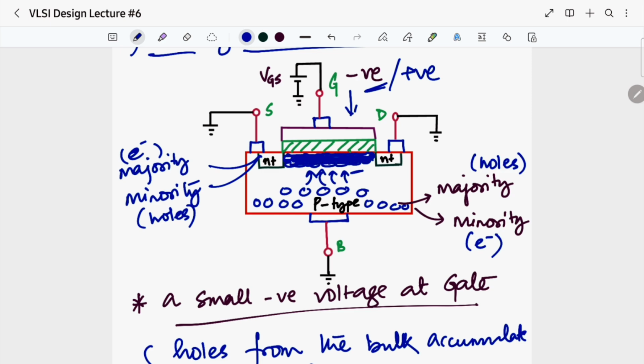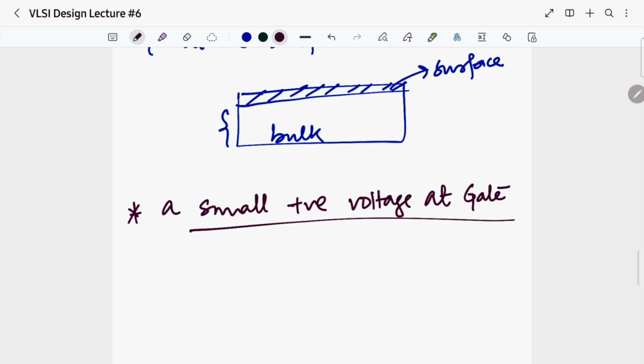Now the moment I apply positive voltage, what will happen? All the holes that were gathered over here, electrons are negative in nature, holes are positive. Positive, what will happen? It will repel.